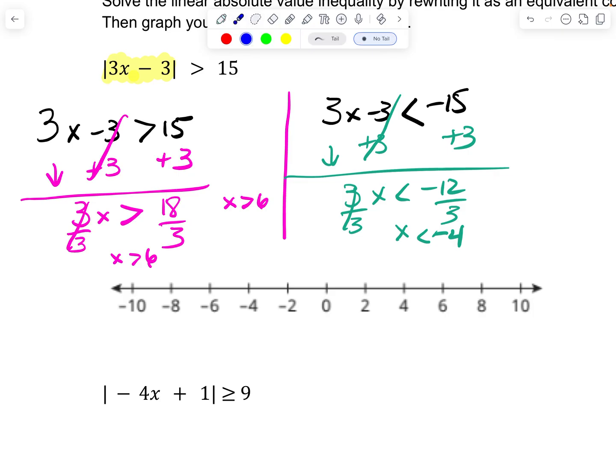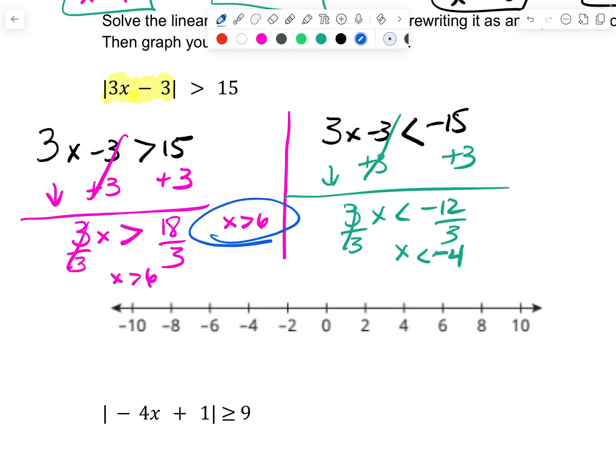Now, whenever it's a greater than problem, it's going to be kind of like an Audi where the arrows are going in opposite directions. So I'm going to graph this in blue. I'm going to graph this part here first. So I go to 6. It's going to be an open circle because it doesn't have the equals to, and it's greater than 6, so I'm going to shade to the outside.